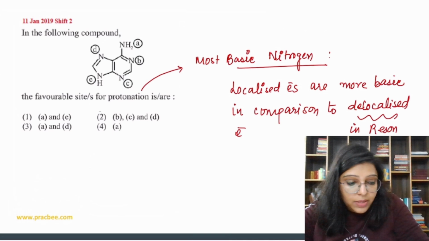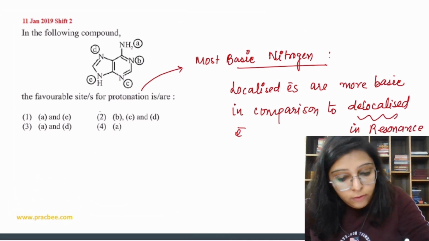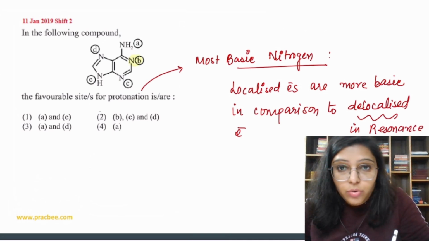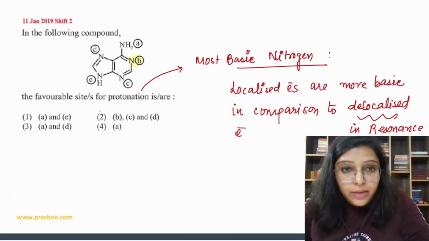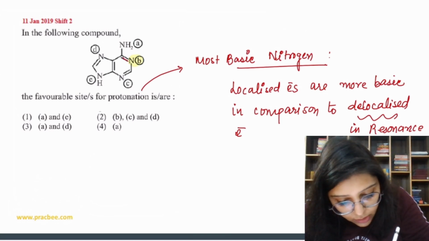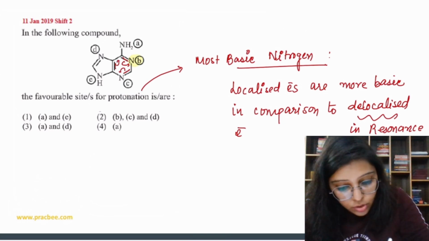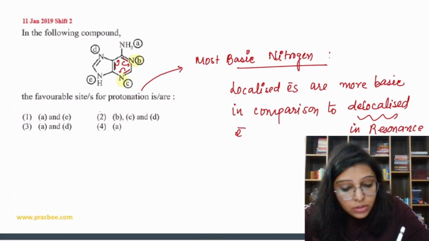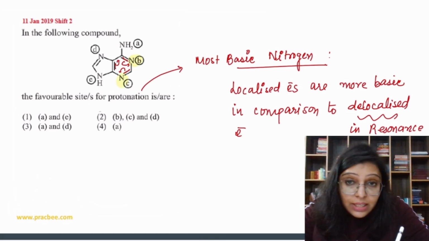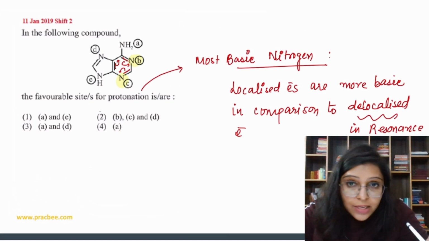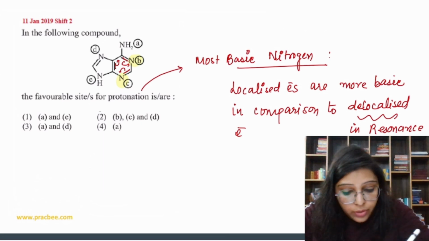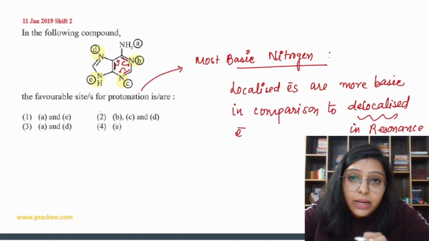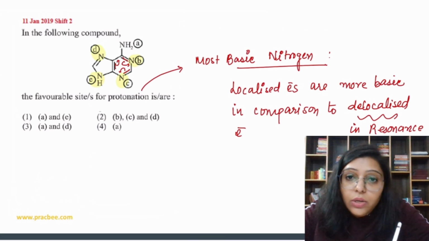If you see, this nitrogen lone pair does not participate in resonance, because we have internal delocalization. So the B nitrogen does not participate in delocalization. The C nitrogen electron does not participate in delocalization. Same with D and same with E. These electrons are not involved.